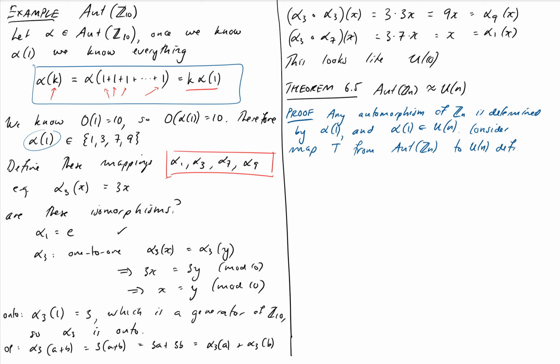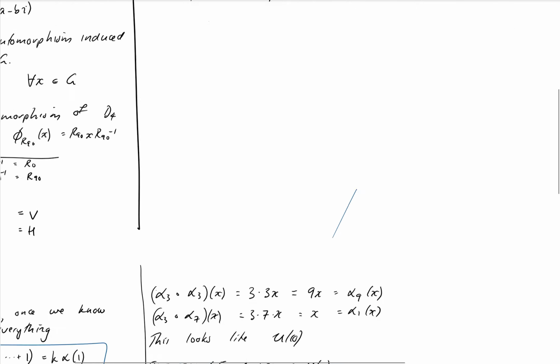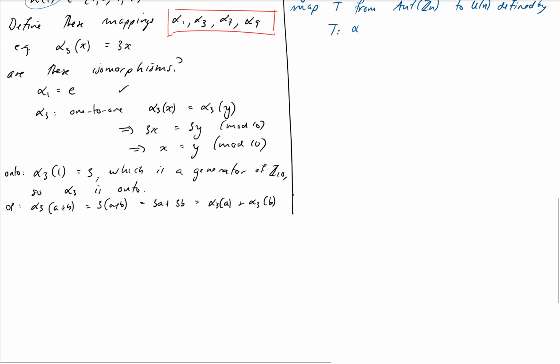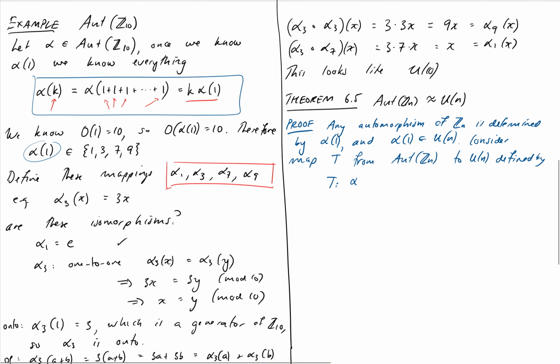This is the mapping that we're going to check is actually an isomorphism, defined by T takes alpha, our automorphism from the automorphism group, and maps it onto the subscript that we had there. And the subscript we can just get by taking alpha of 1. So there is our candidate mapping between the two groups. Now we just need to show that it's an isomorphism.